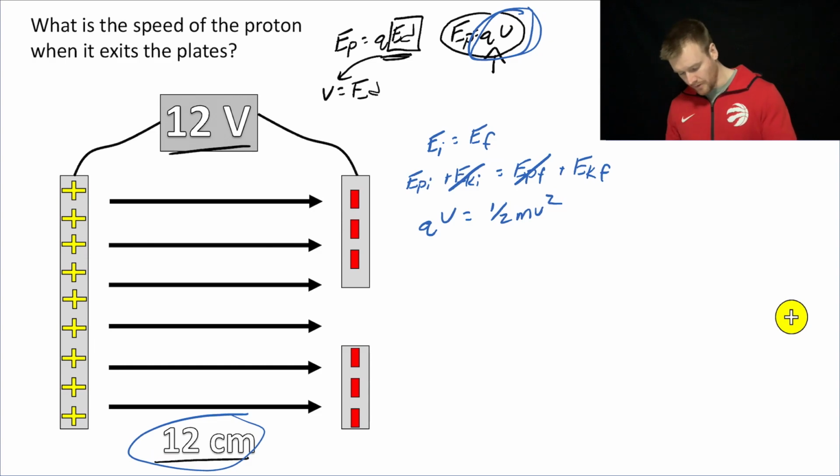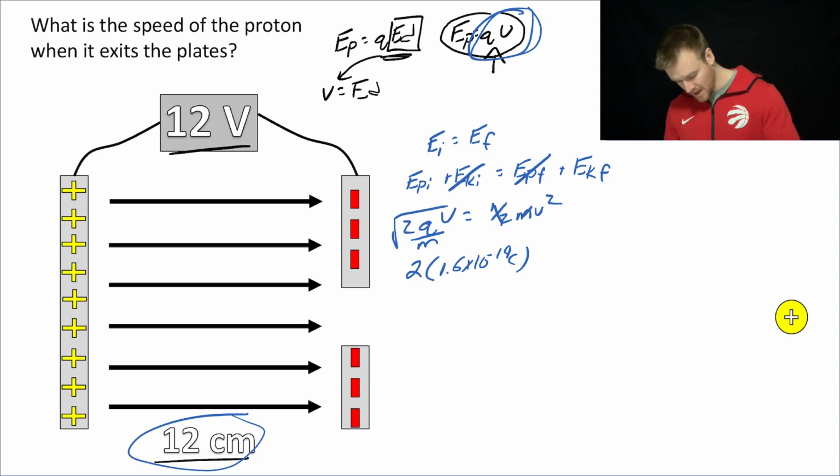Okay, so now let's solve for v, v being velocity, not the big V, which is volts. So Q, this is a proton, so this is 1.6 times 10 to the negative 19 coulombs. I should rearrange here first, so times by 2, divide by mass, and square root.